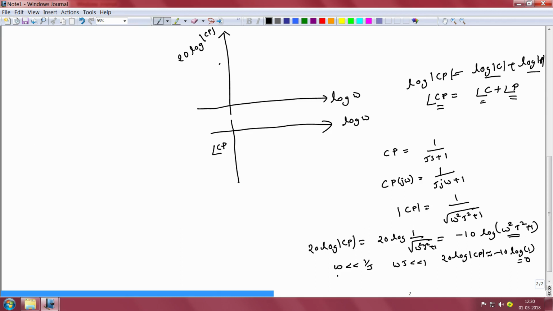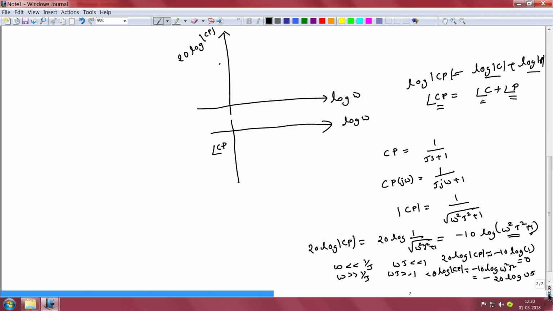On the other hand, when omega is much greater than 1 by tau, or in other words omega tau is much greater than 1, then we can ignore the number 1 in comparison with the term omega square tau square, and we would have 20 log magnitude of Cp equal to minus 10 log omega square tau square, which is equal to minus 20 log omega tau.